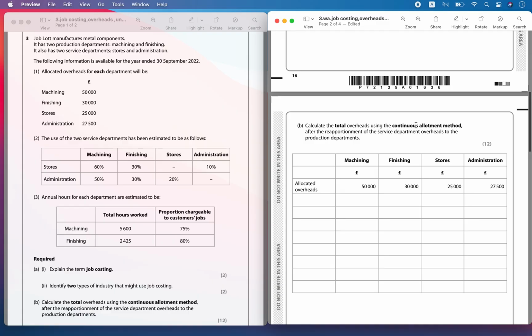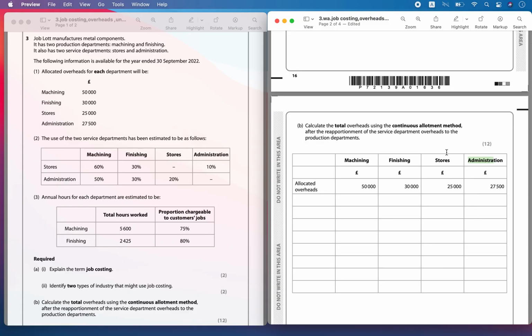Then calculate the total overheads using the continuous allotment method. I have certain overhead expenses incurred in the business. I am going to reapportion the overhead costs of some departments to the two major departments, stores and administration.